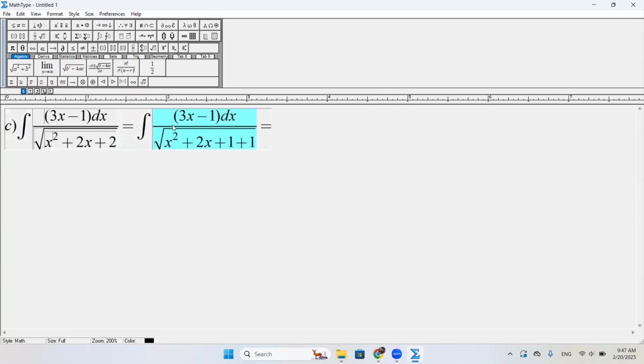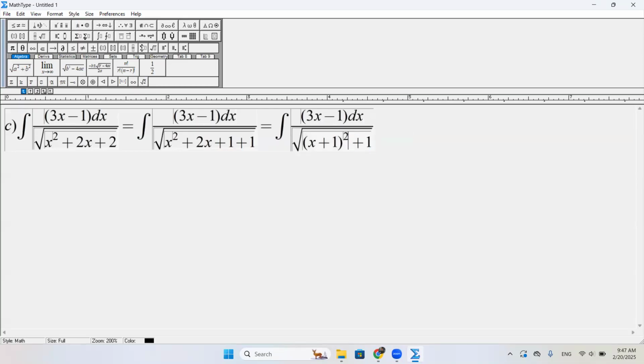So we receive x plus 1 in power of 2 plus 1.